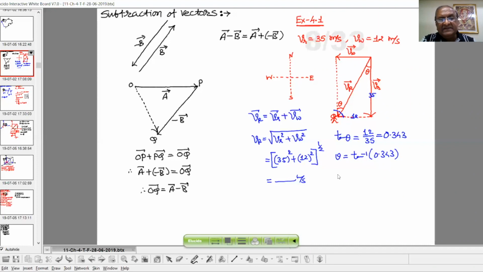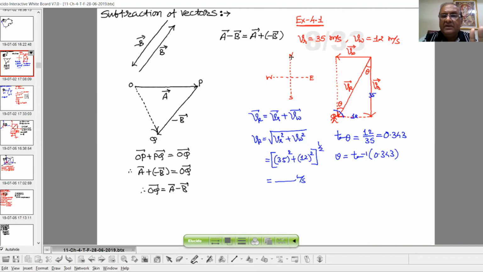It implies that resultantly we have to find the direction of rain falling. See, the speed of rain is 35 meter per second, and of wind is 12 meter per second, that is given to you.